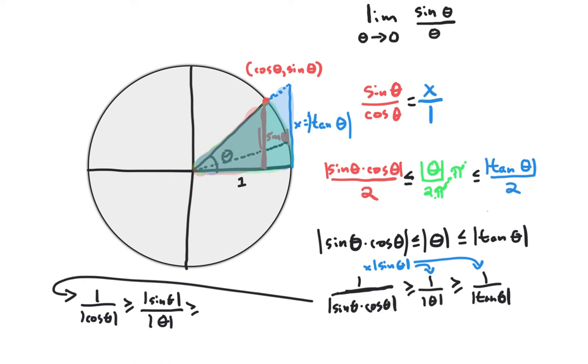If I multiply everything by sine, I'm just left with cosine in the numerator. So you can check that if you like. Now what's cool here is we can drop the absolute values.